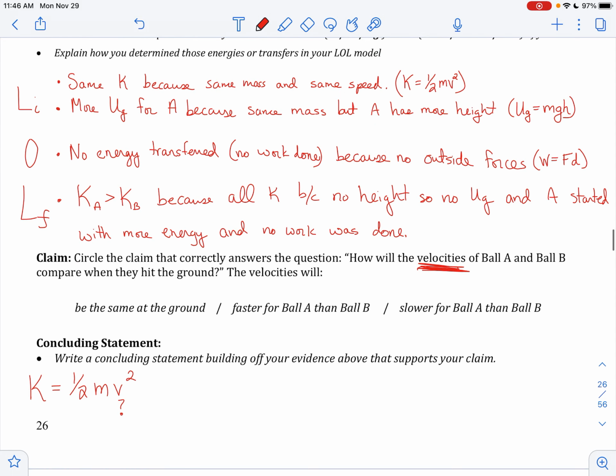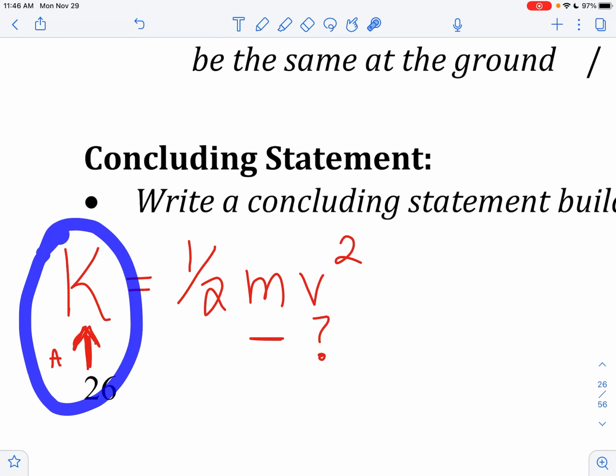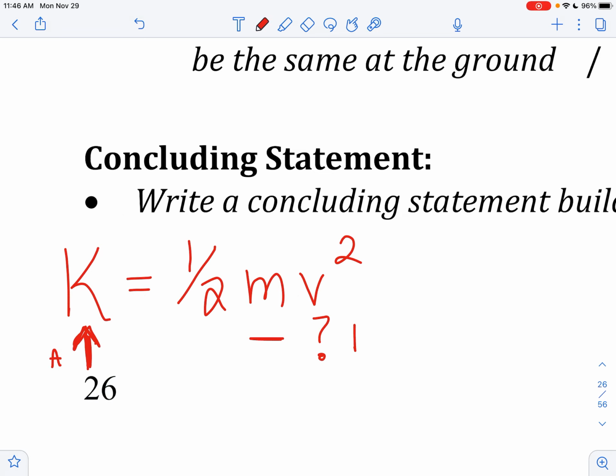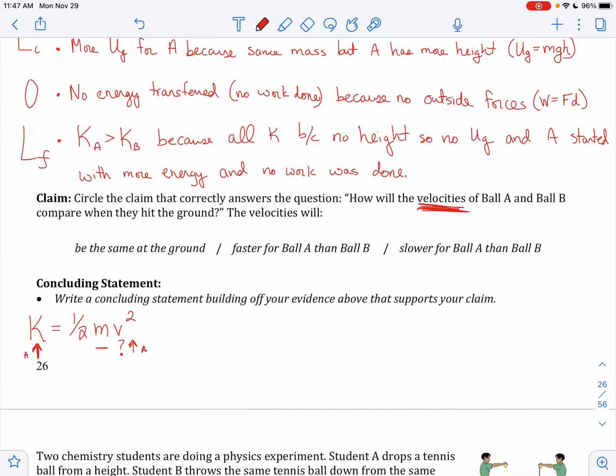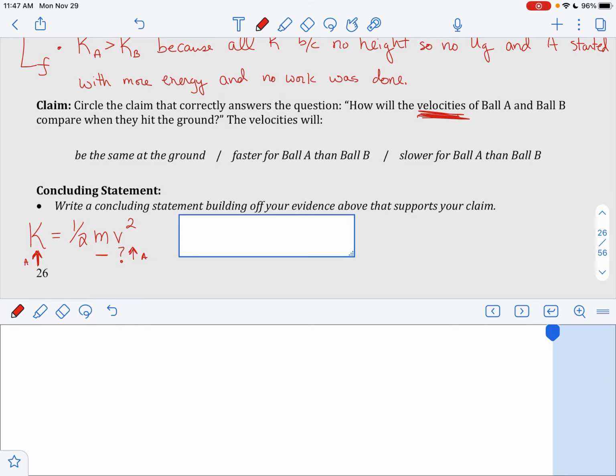Well, it said same mass, so they have the exact same mass, and we know that A has more kinetic energy. So then we look at this and we say, okay, more kinetic energy with the same mass, how is that possible? That must mean that A must be going faster. And that's our concluding statement. It's just about the variables in that equation.